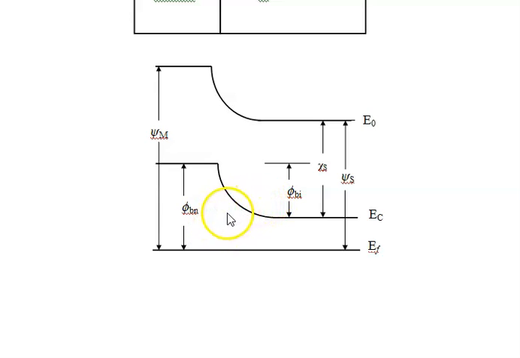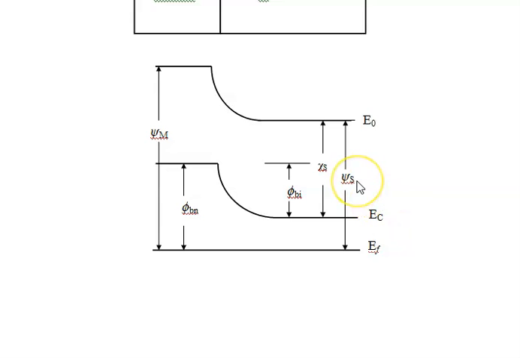Reverse bias, the depletion region width becomes wider. We also have a non-variable barrier, which does not depend on the bias. It's simply between the conduction band and the Fermi level.